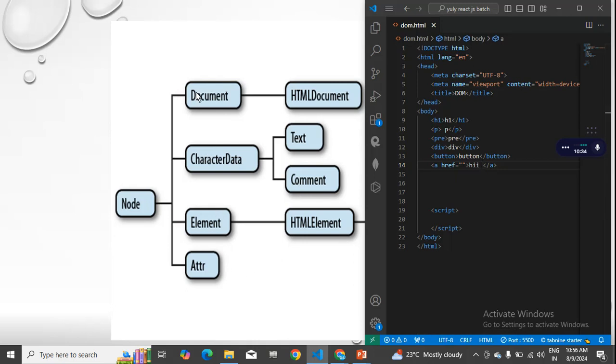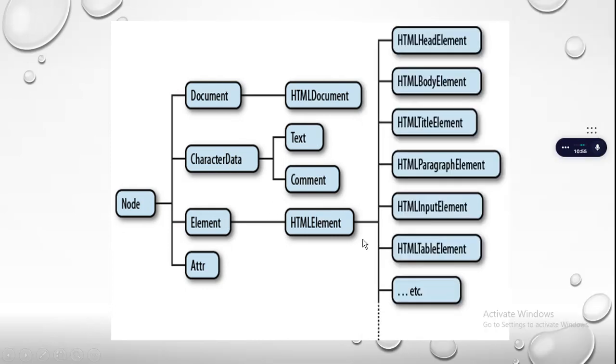So the document is what we have declared as HTML, and the document type will be HTML, and we will be writing some data and content. If we write any text or content, this will be an HTML element, and the HTML tag will be called an HTML element.